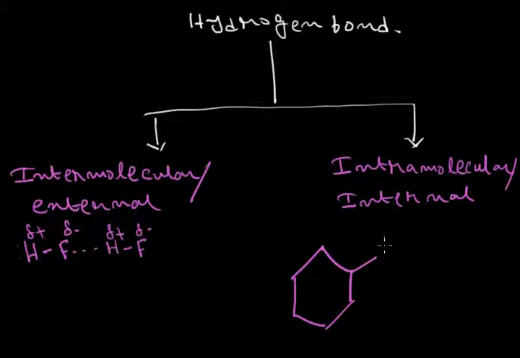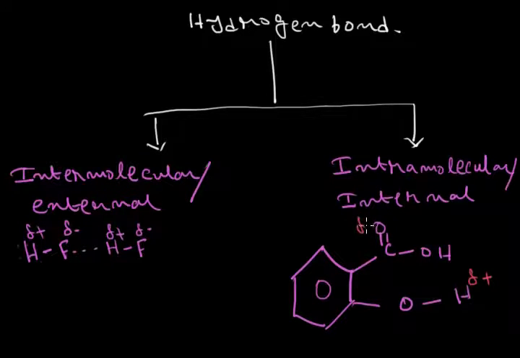Let us take an example of salicylic acid. In salicylic acid, the OH group is polar and positive charge is developed over H plus and negative charge is developed over double bonded oxygen.